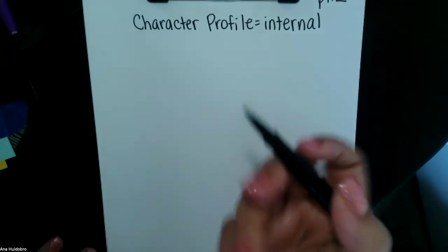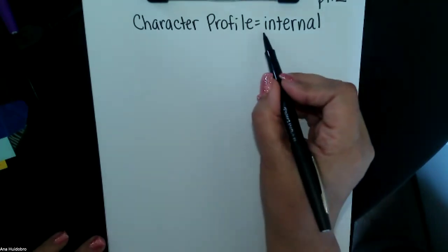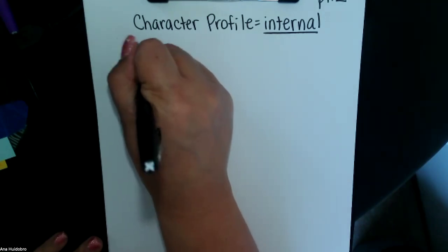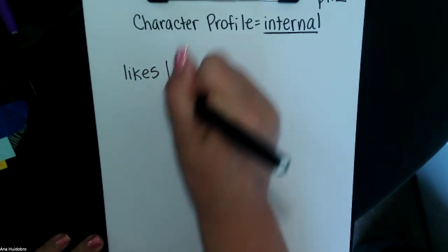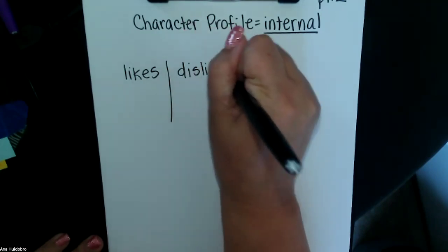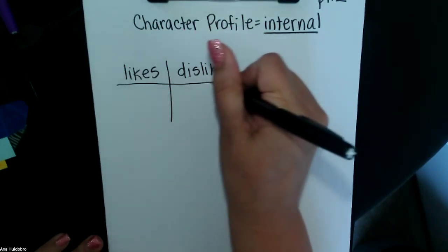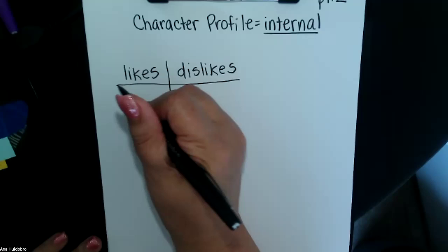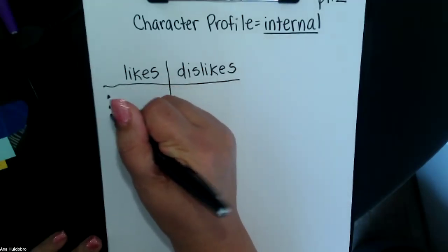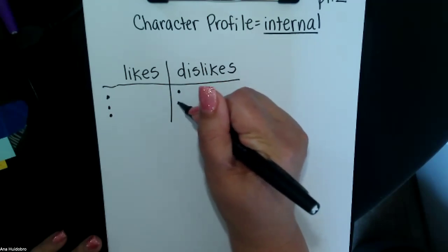So right away, I'm going to do some basic internal things. I'm going to write likes slash dislikes. Your character doesn't matter, boy, girl, man, woman, old person, baby, whoever the person is. I'm going to put 3 bullets here, and I'm going to talk while you copy this.